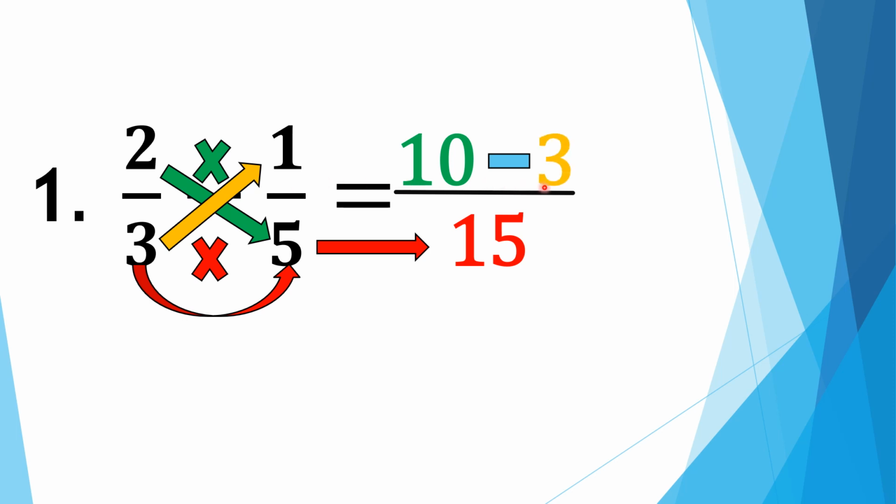Then, step 3, subtract the products of step 2. 10 minus 3 is equal to 7. Then, copy the denominator, 15. 2/3 minus 1/5 is equal to 7 over 15.